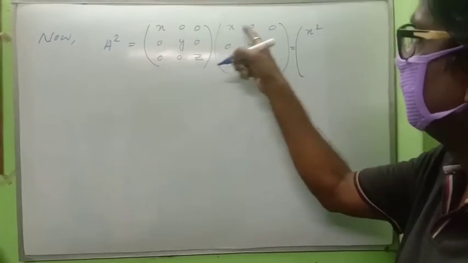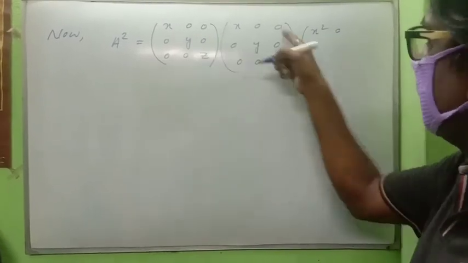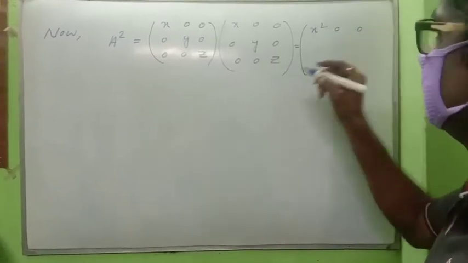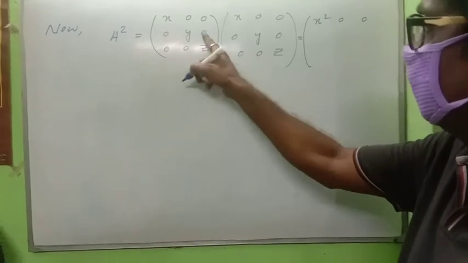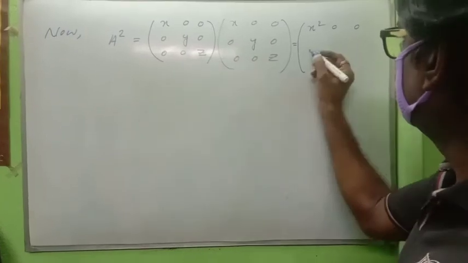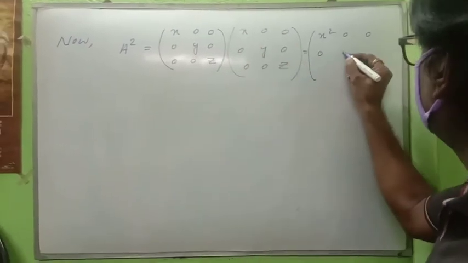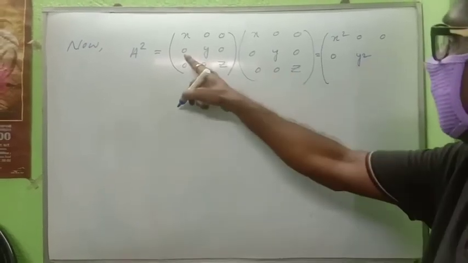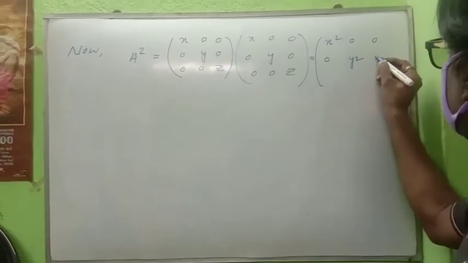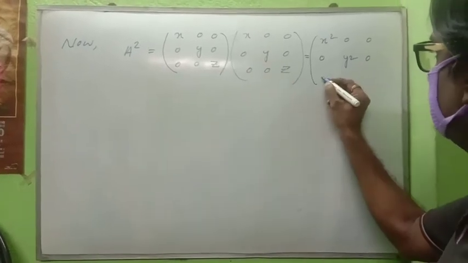Again, first row with second column, 0 will come. First row with third column, 0 will come. Now second row with first column: 0 into x, 0, 0, so it will come 0. Second with second column, it will come only y square. Second row with third column, 0. Third row with first column, 0.